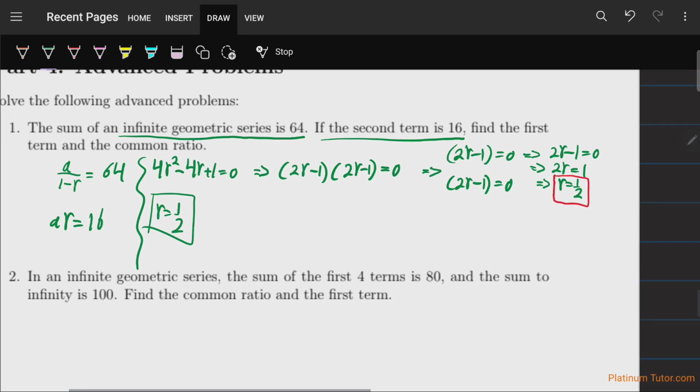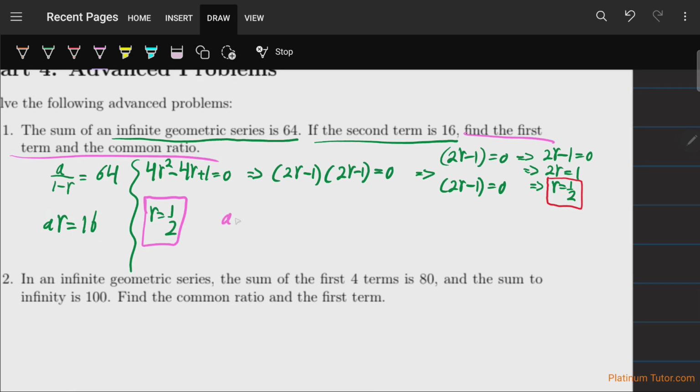And the question was to find the first term and the common ratio. So here's the common ratio. How do we find the first term? Well, we can plug in r into either one of these equations and solve for a, because that's the first term, right? This equation seems the easiest, so I'm going to use that. a is what we're looking for. r is 1/2, and that's equal to 16.